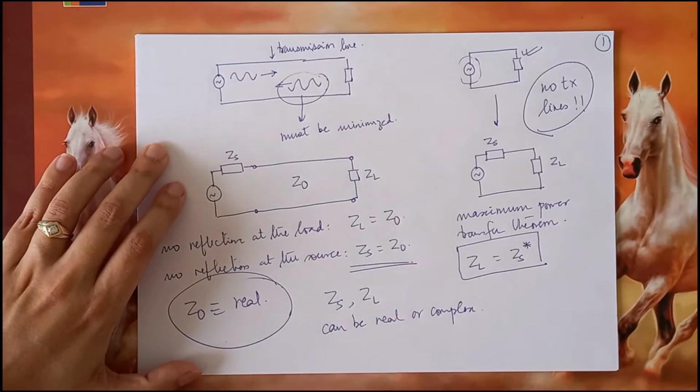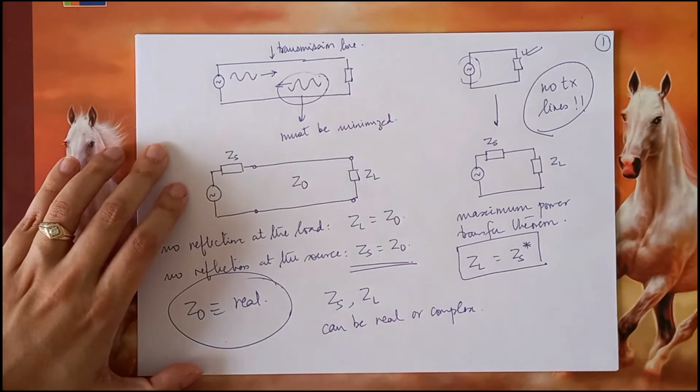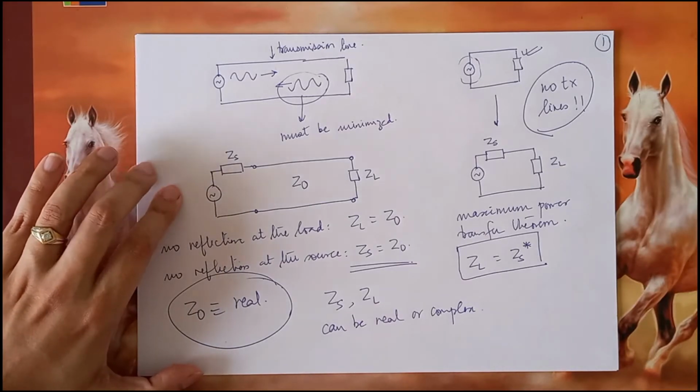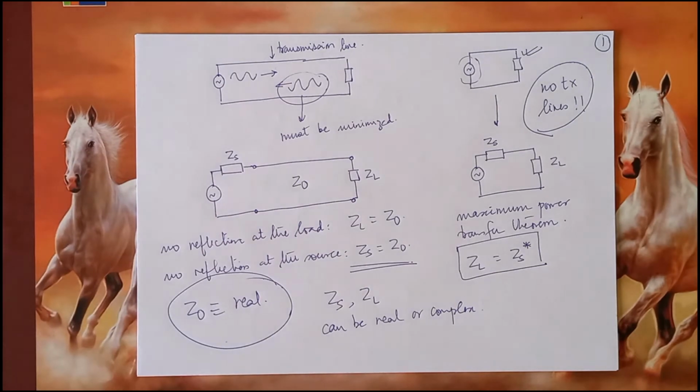They can be real or complex, or maybe even imaginary. So in such a case, the approaches are different to obtain no reflection at the source or at the load.